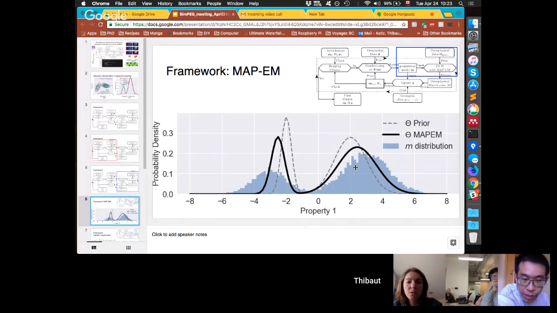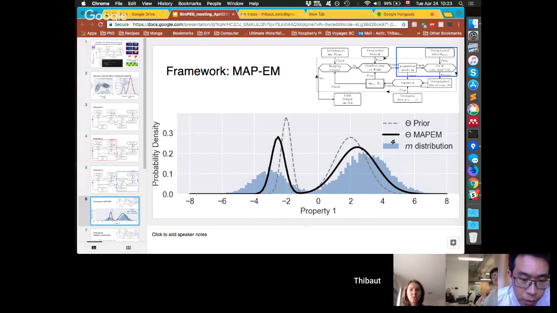Hey Thibault, just to clarify, is the blue histogram your likelihood function? Yes, so that's the likelihood. That's the histogram of the model, and that corresponds to the likelihood portion of the objective function I fit for that.